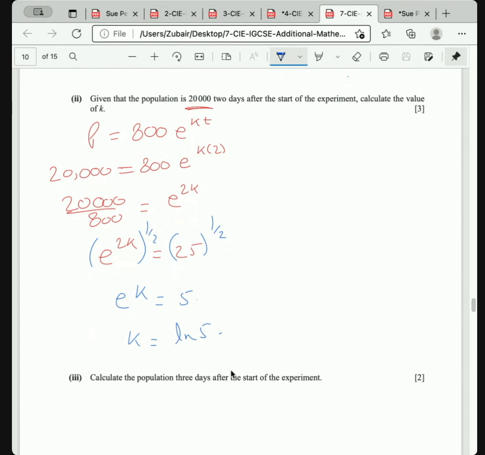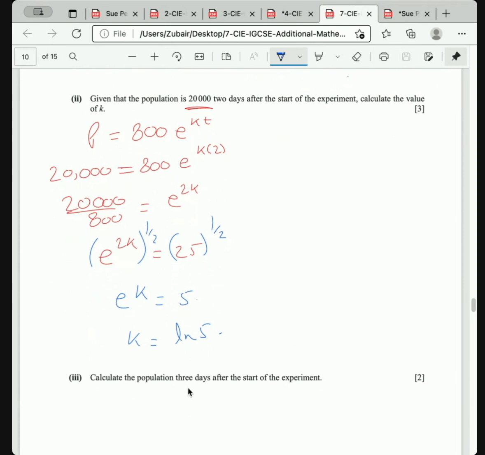A quick check: I'm substituting the same value in the initial equation. k is ln 5 and I'm getting 20,000. Yeah, that's right.